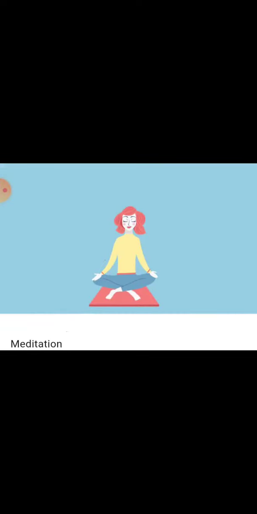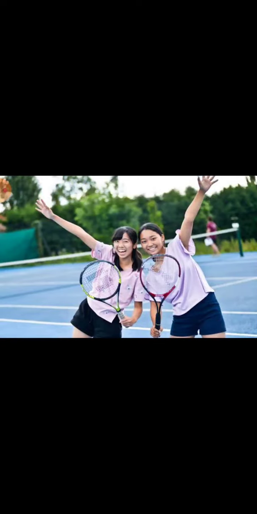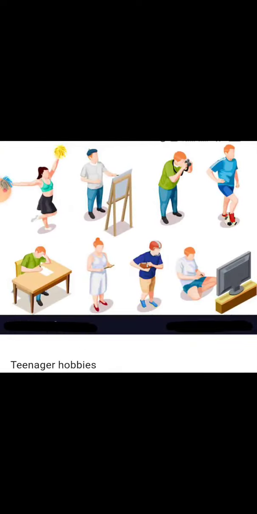Apart from this, parents can try to involve their children in sports or in extracurricular activities in the school, or make them pursue their hobbies or whatever they are interested in. This would help them to divert their mind towards more productive activities and channelize their energy in a constructive manner.